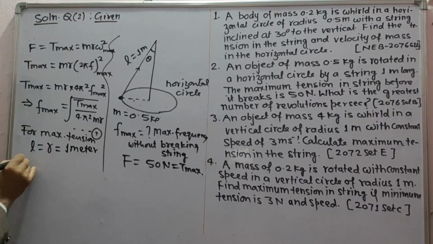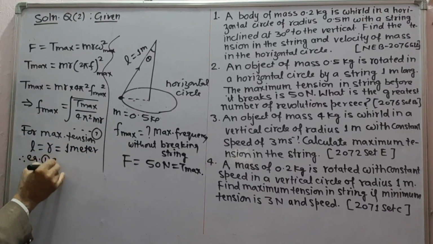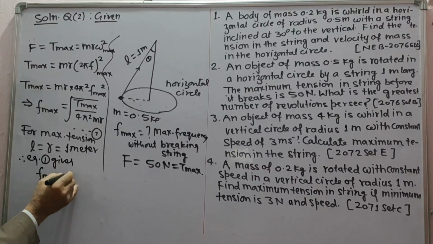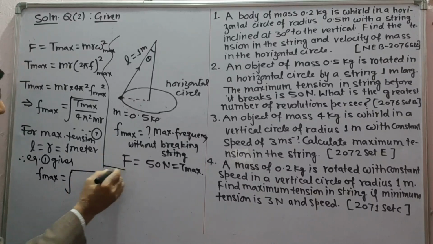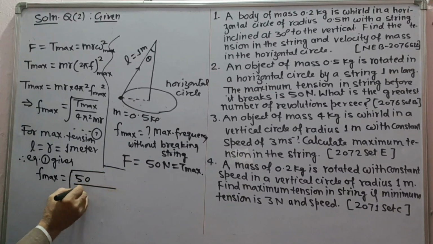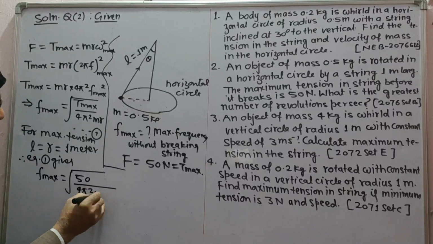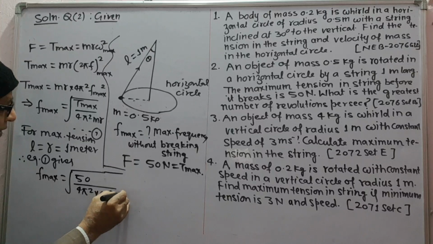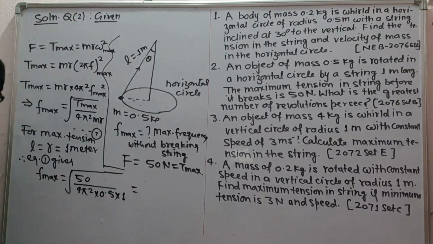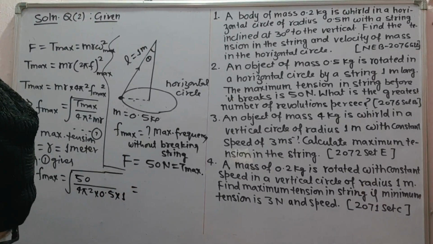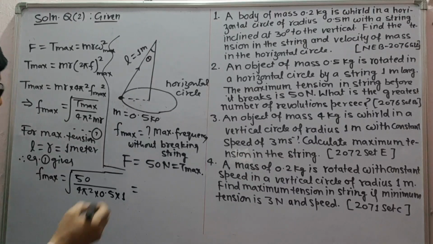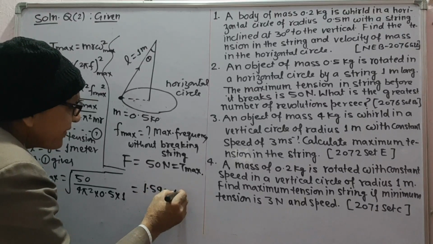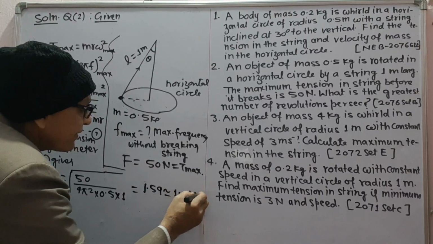Therefore, equation 1 gives f max is equal to T max is 50 divided by 4 pi square into mass is 0.5 into R is 1. So, maximum frequency comes to be 1.59, which is nearly 1.6 revolution per second.